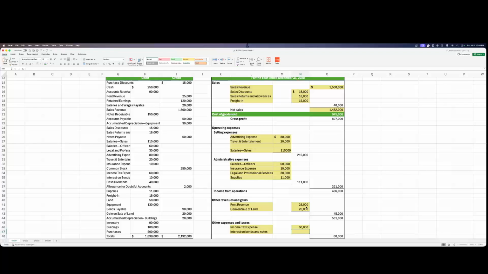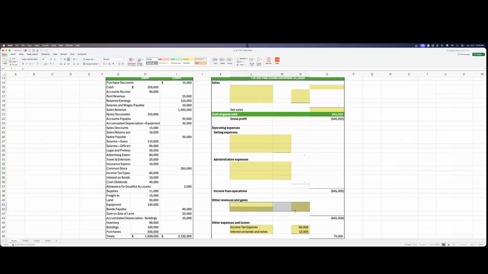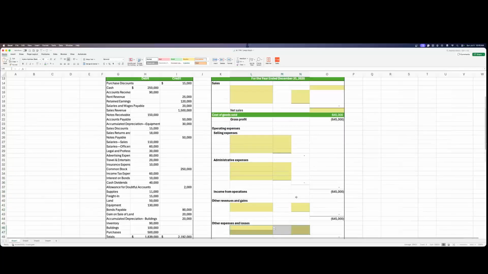And interest on bonds and notes, 10,000. Supplies just means office supplies, like miscellaneous supplies. Okay, so let's do that again. I know it's like, oh, I don't want to do this again, but we'll just do that real quick.